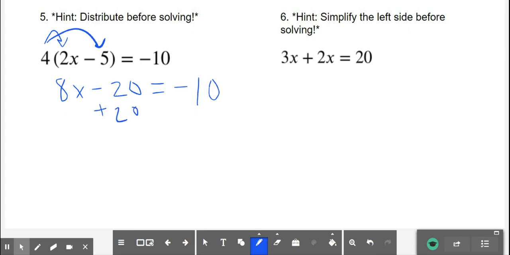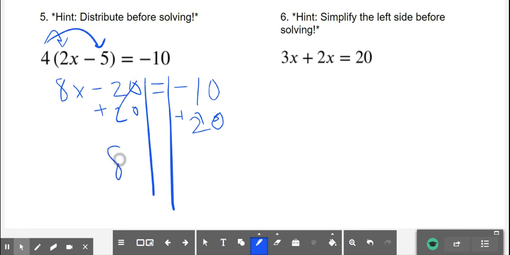We would add 20 to both sides, to get 8x equals 10. And then dividing by 8 on both sides leaves us with 10 divided by 8, which is 1.25.